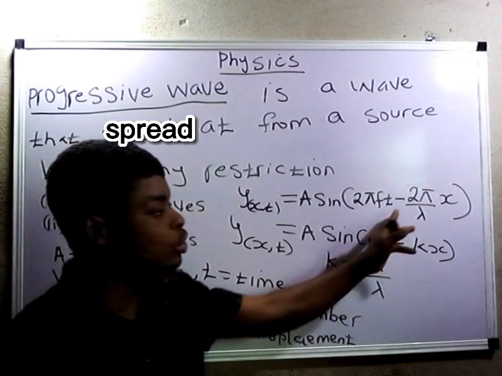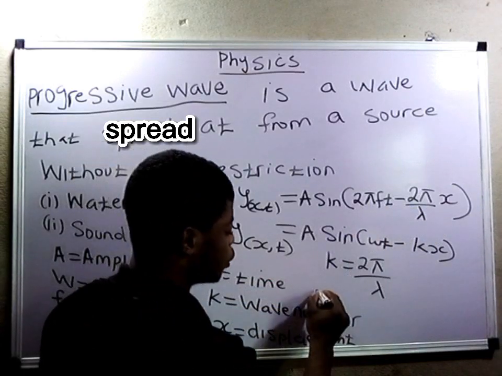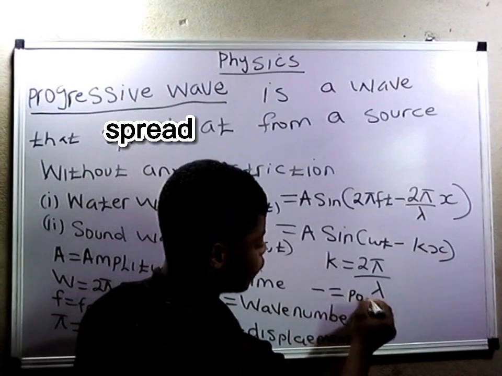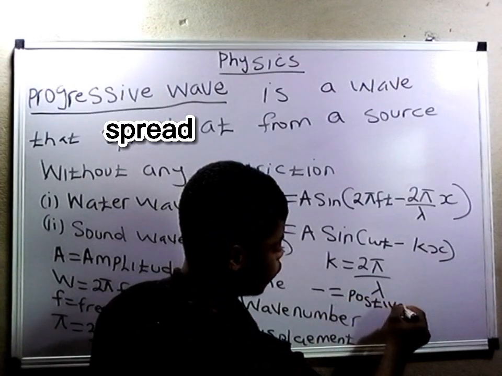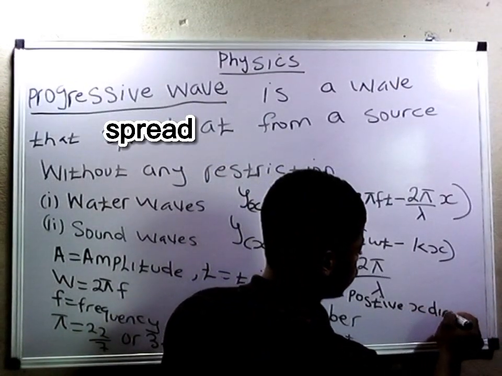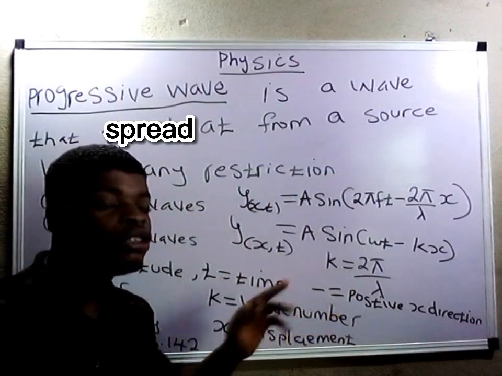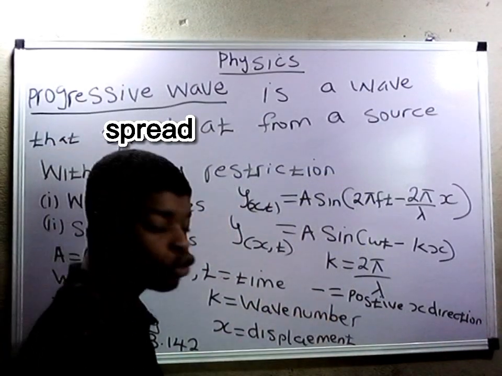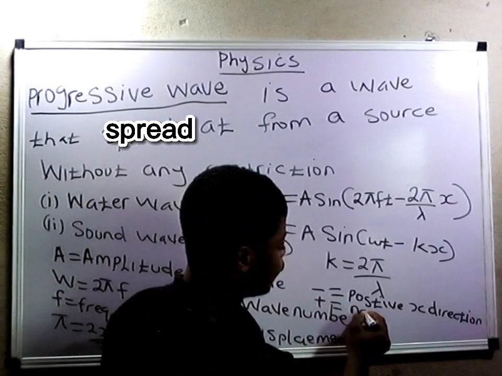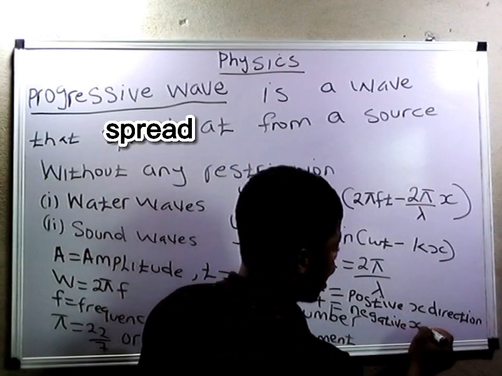When you are using minus in the equation, you are moving in the positive x direction. Then if you are using positive, which is plus, you are moving in the negative x direction.